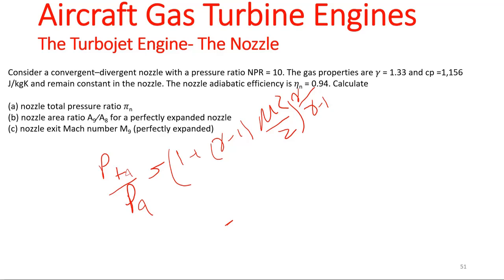It will be PT9 divided by P9 equals 1 plus (gamma minus 1) M9 squared over 2, to the power gamma over gamma minus 1, right? So if we had PT9 and P9, or if we had this ratio, we could easily find M9. Okay, but do we have this ratio?